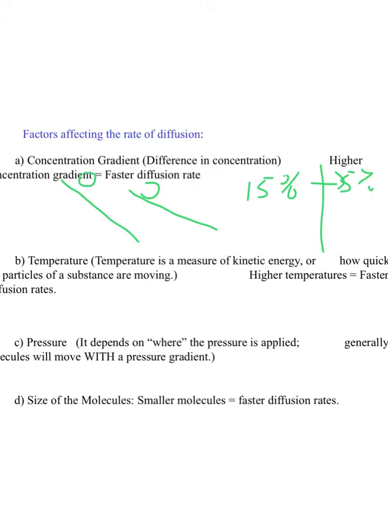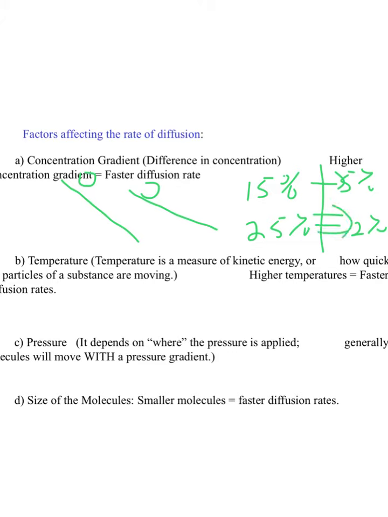But the rate would be a little bit different than if we had something with, say, 25% dissolved solutes over here and only 2% dissolved solutes over here. The rate here would be much, much faster.